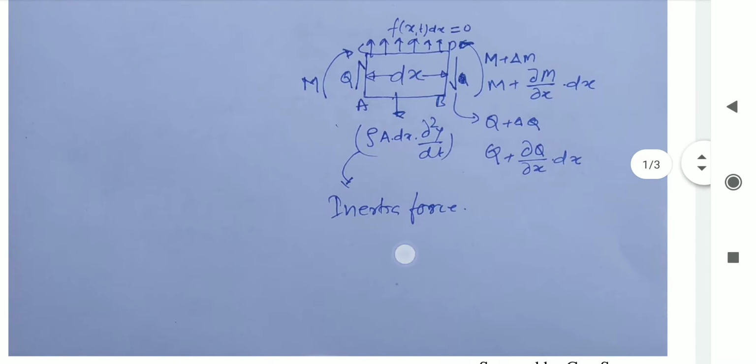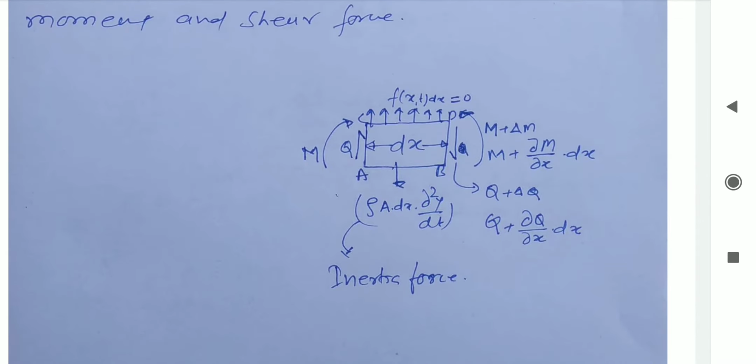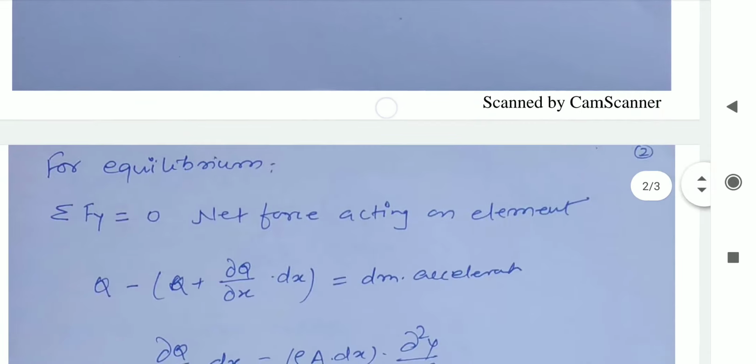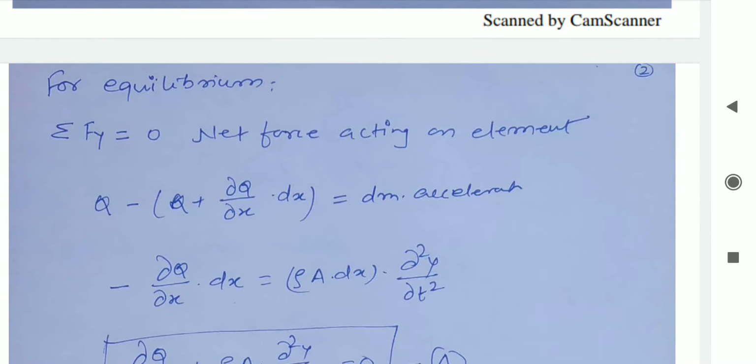The force acting in the y direction is Q on the AC face in the upward direction, and on the BD face in the downward direction, and the inertia force is also downward. So we write the summation of Fy, the force acting in the y direction, equal to 0. That means Q is taken as positive because it is an upward force, minus Q plus del Q upon del x into dx, equal to the inertia force, that is dm into acceleration.